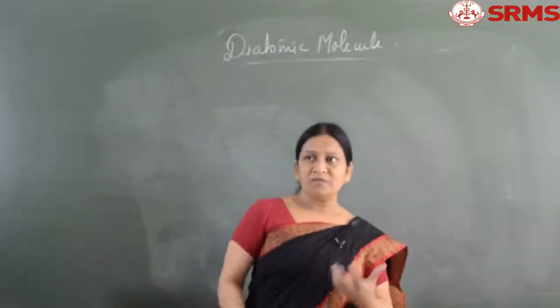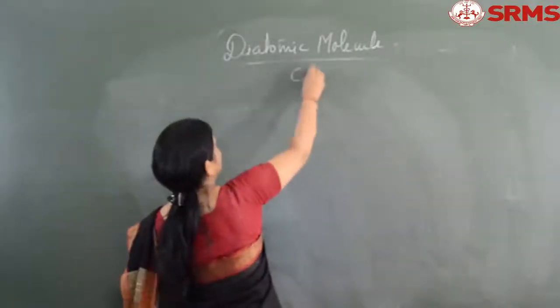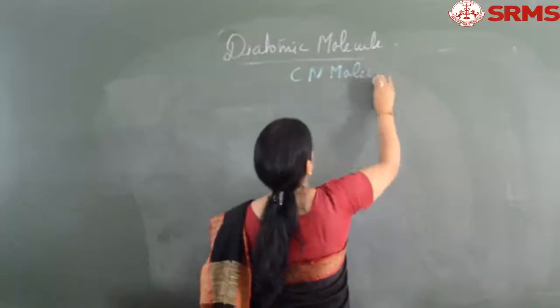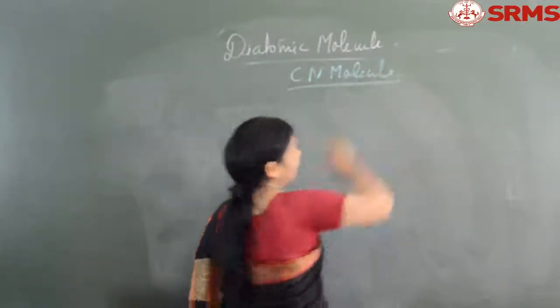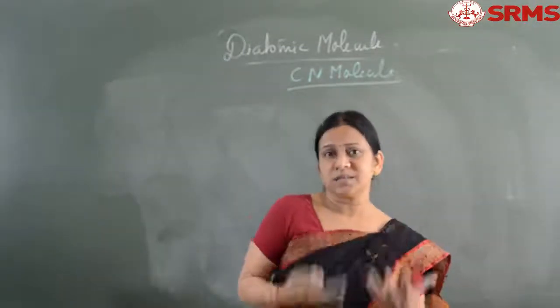Suppose we have a rotating molecule which is CN. We have a CN molecule, which is a rotating molecule in the gaseous state.